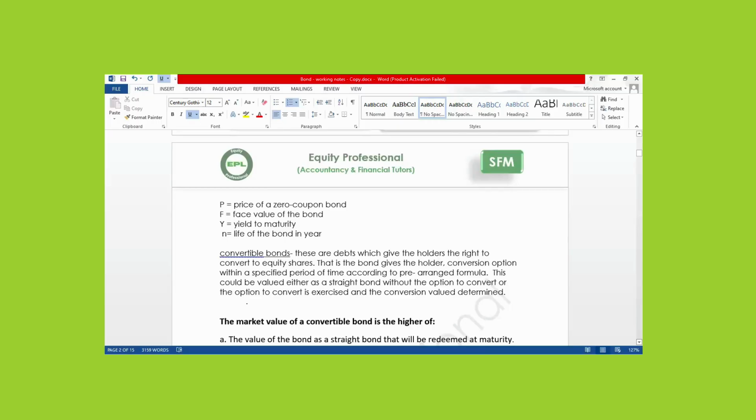The price of a convertible bond can be calculated either as a straight debt, a straight bond, without the option to convert to equity, or the option to convert is exercised and the conversion value calculated.